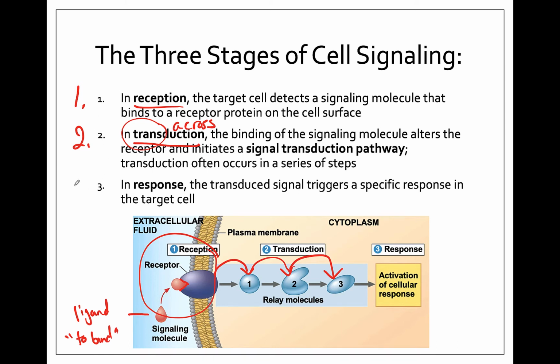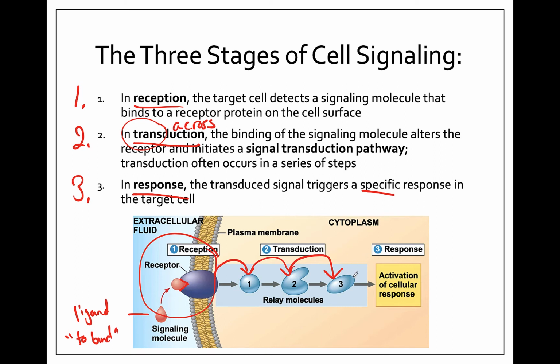The last step of cell communication is the targeted response. So each specific signal is going to target a specific response, and that response is going to be different depending on what the signal is, what type of cell is receiving it, maybe the environmental conditions inside of the cell.